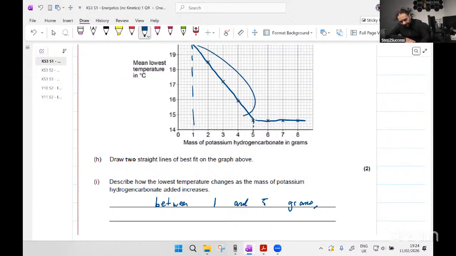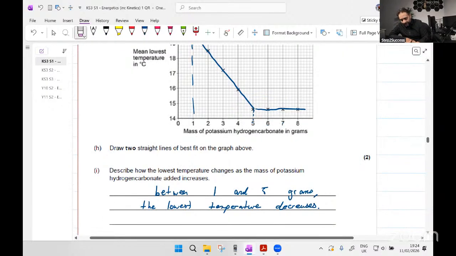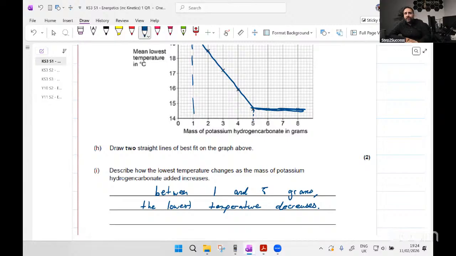You see that bit of the graph is going down. But then after 5, what happens? It stays, there's no change after that. So when you have a straight flat line, the temperature is not changing. You see that? It's staying the same. So after 5, there is no change.